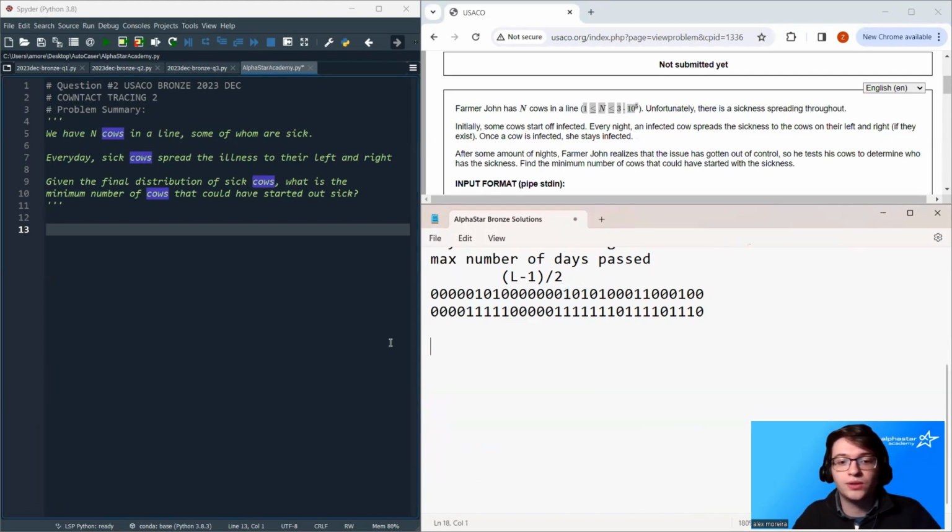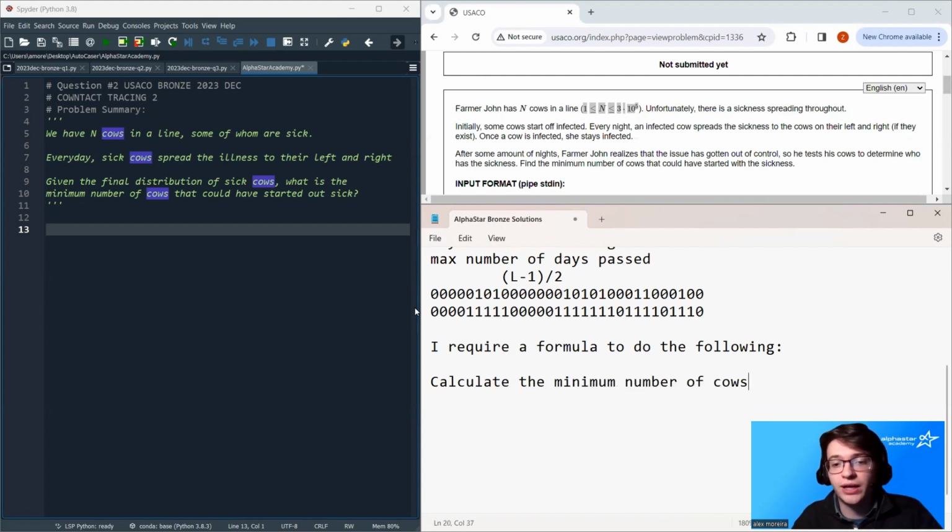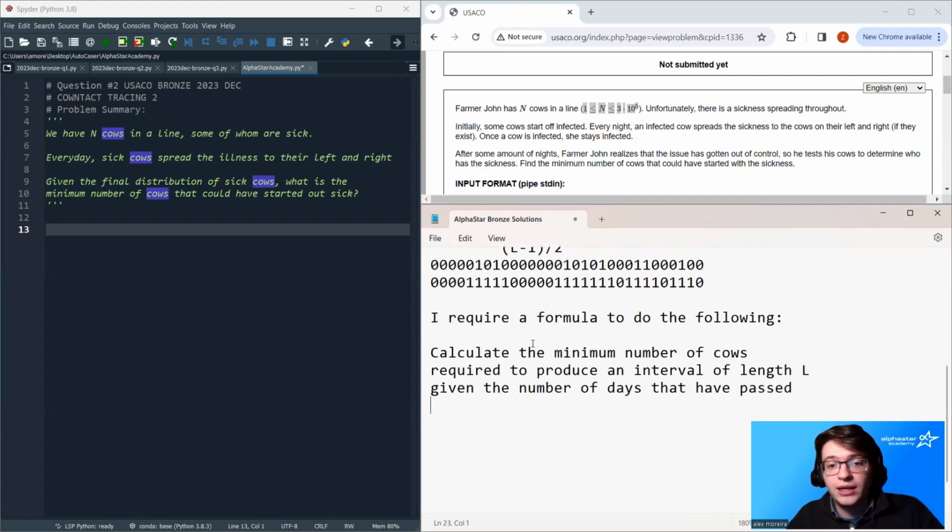I require a formula to calculate the minimum number of cows required to produce an interval of length L given the number of days that have passed.